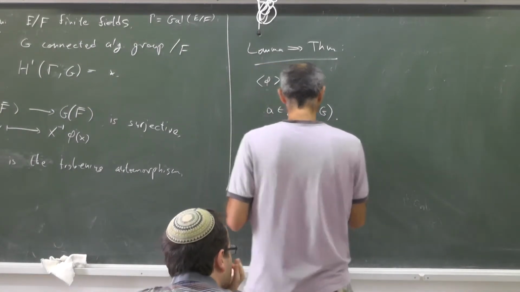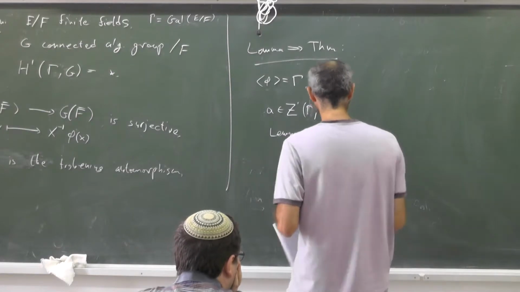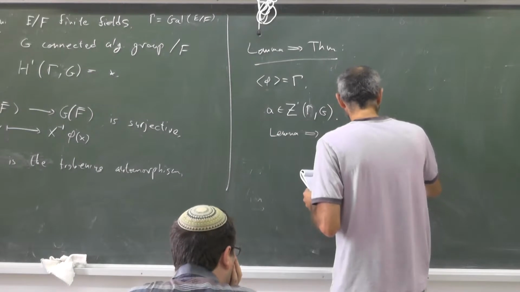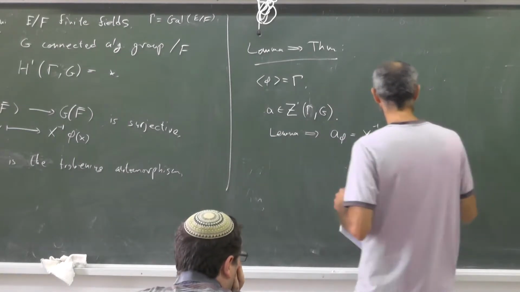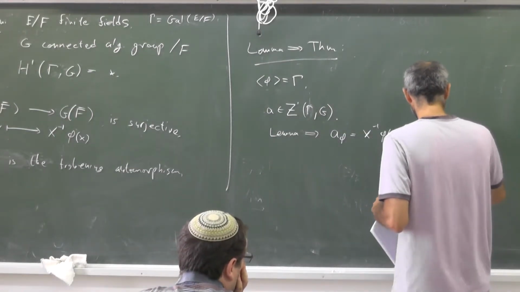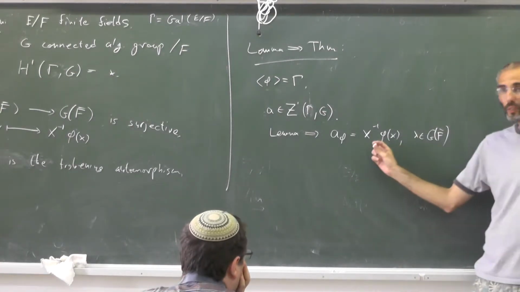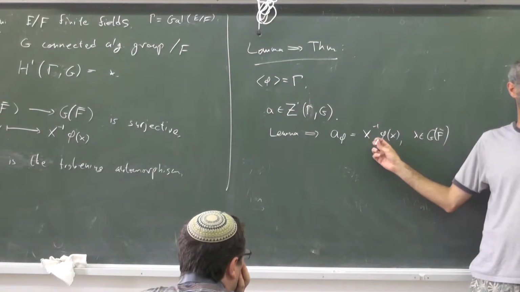The lemma tells me that a phi is an element of G, could be written as some x inverse phi x. So this is the coboundary expression, right?